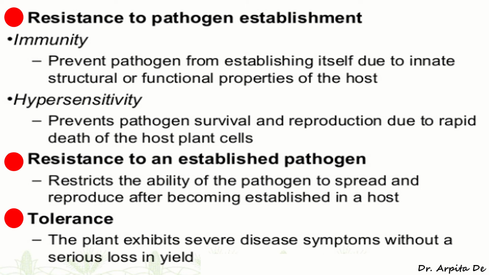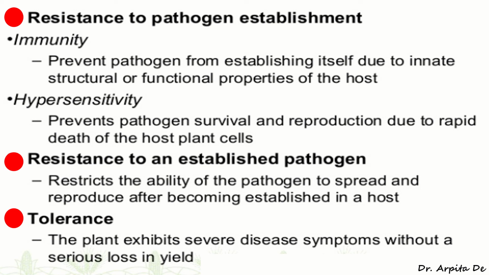What is hypersensitive reaction? Hypersensitivity prevents the pathogen's survival and reproduction due to rapid death of the host plant cell. See, if the host plant cells are dying rapidly, the pathogen will not get nutrients, food to survive. Therefore, the spread will be checked immediately.